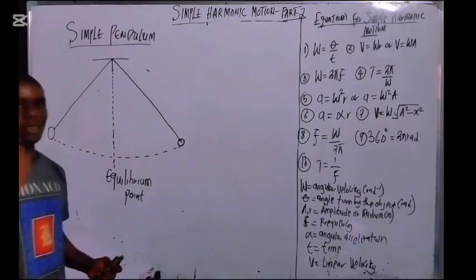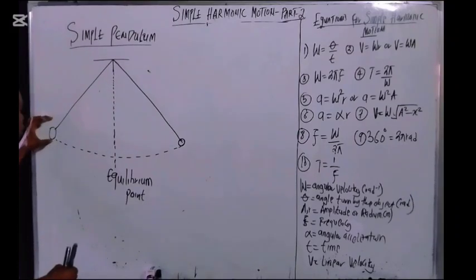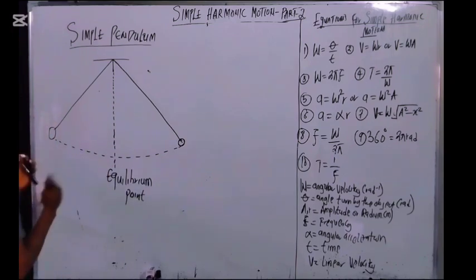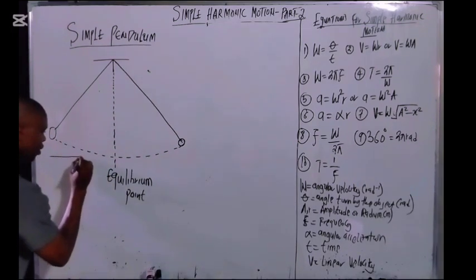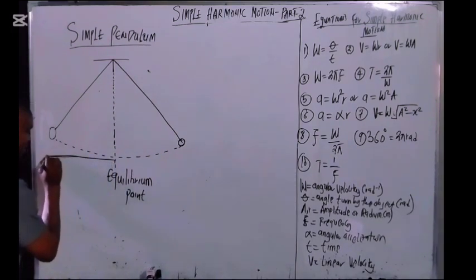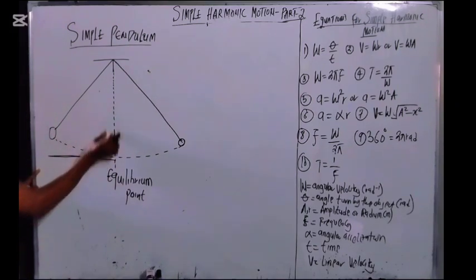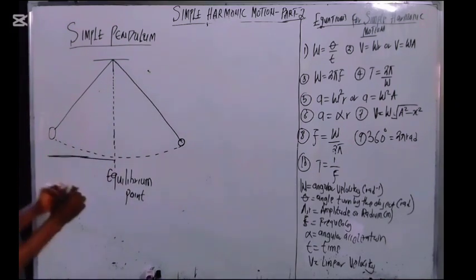Number two, the acceleration of the object is directly proportional to the distance from the equilibrium point. What does it mean?